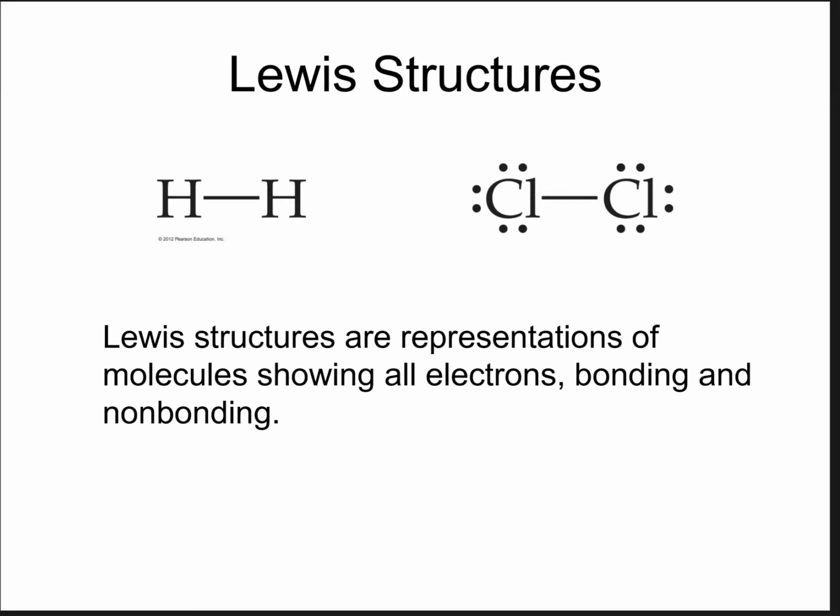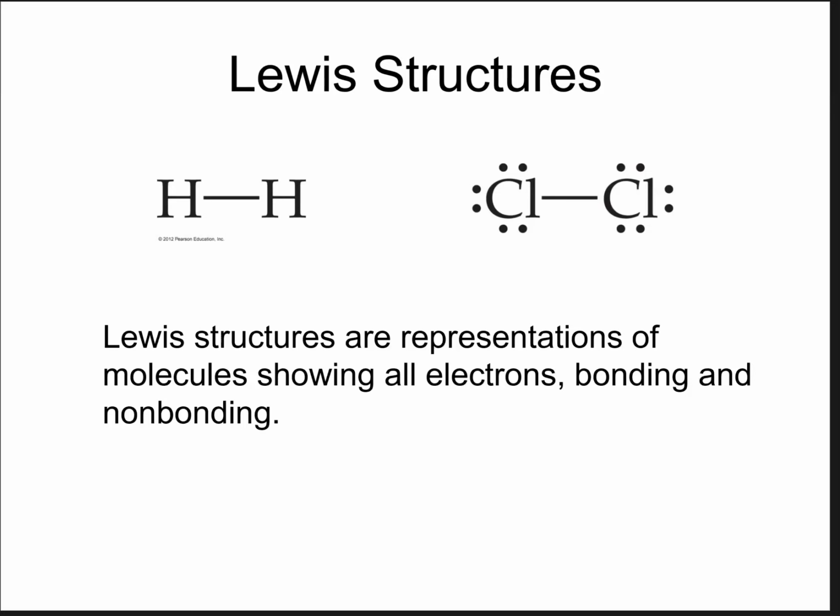Here we can see two Lewis structures, one for hydrogen and one for chlorine. And what we get from both of these is that there's a single attachment or a single bond between both atoms. Now in hydrogen's case, all the electrons in hydrogen are shown, and those are represented by the line between the two hydrogen atoms.